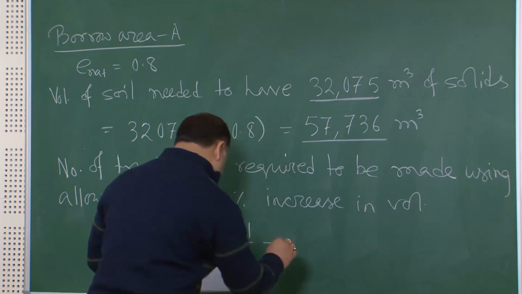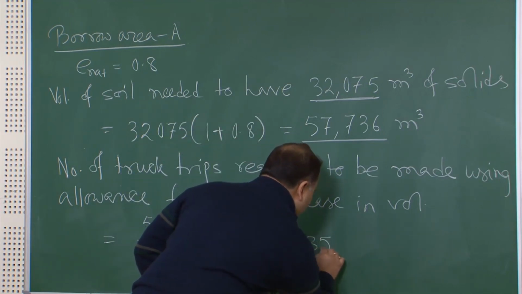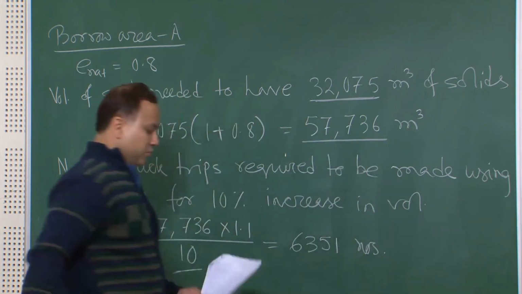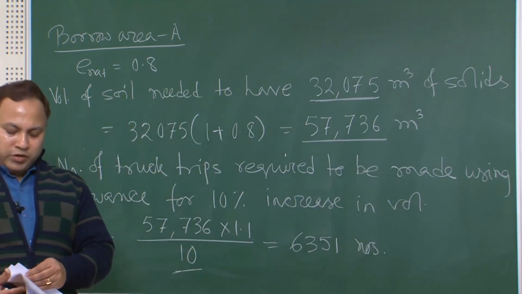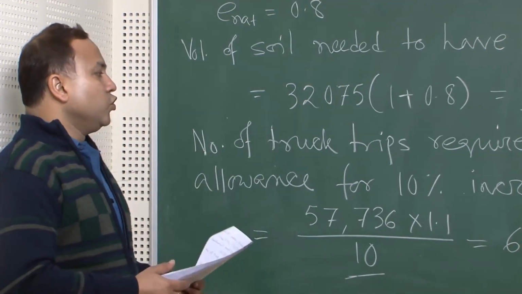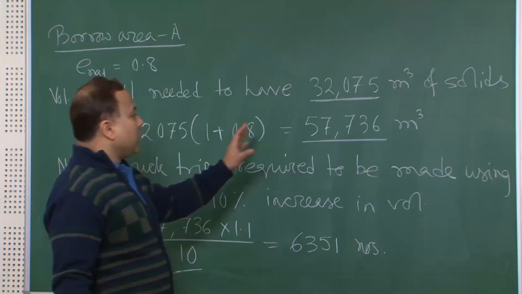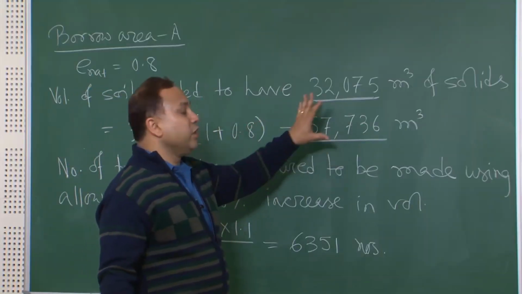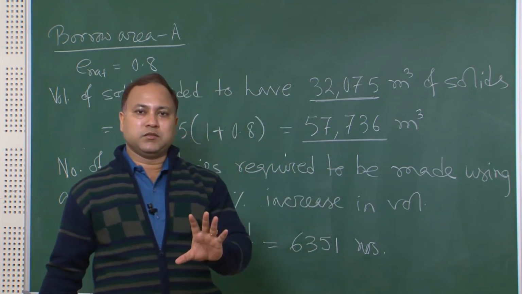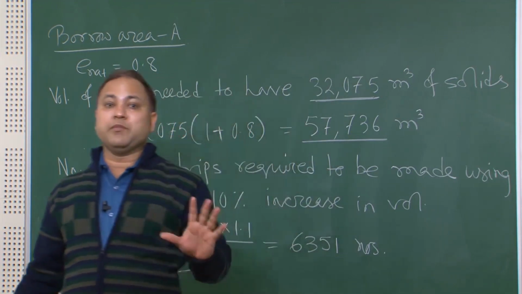So, that gives me 6351 number of trips. Okay. So, you need 6351 number of trips to transport this much of soil which will be having this volume of solids which is actually required for the embankment.